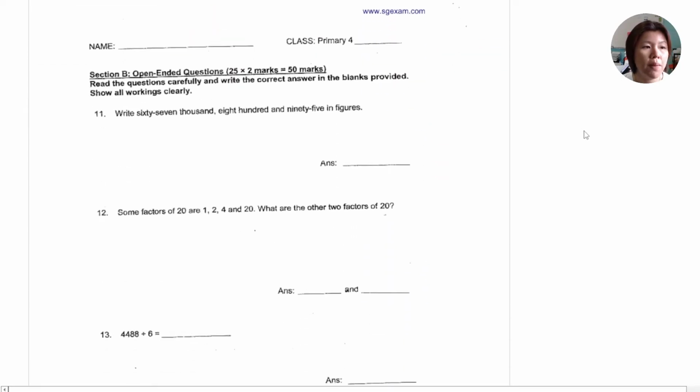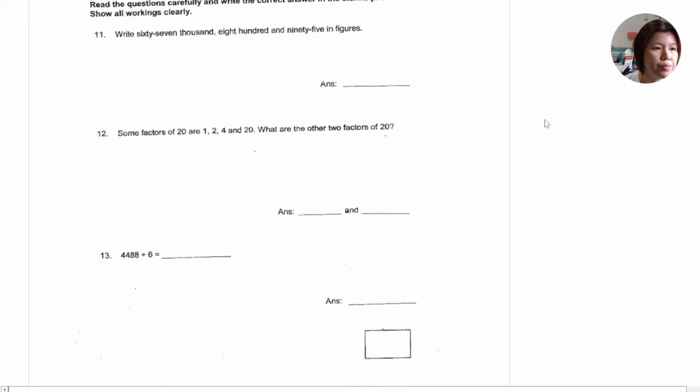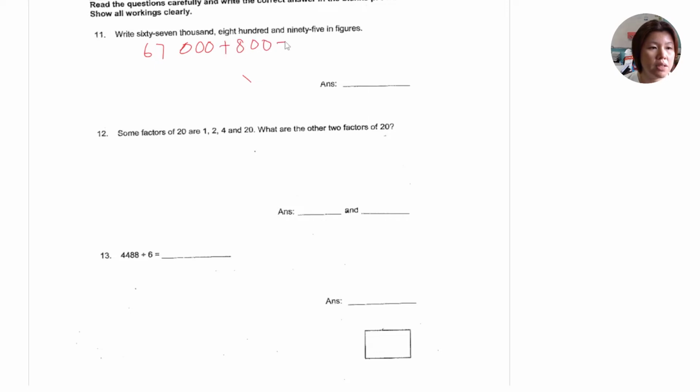Okay, let's move on. Now is booklet B, section B question. Okay, so 67,000, 1,000 is 30, and I put 67. 800 is 20, 8 plus 95.